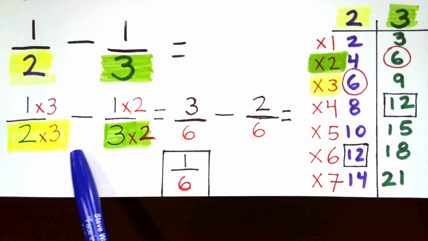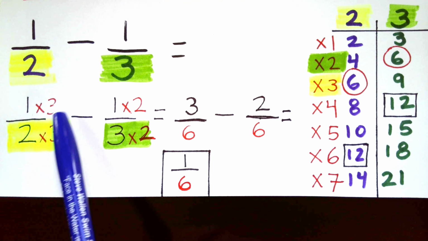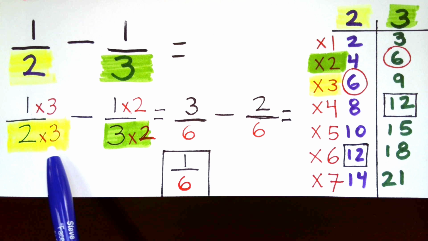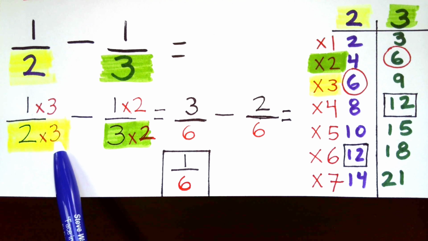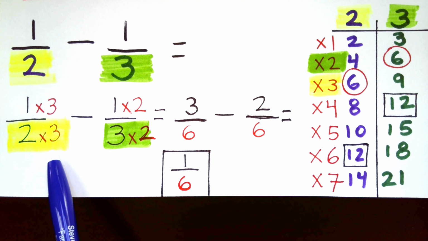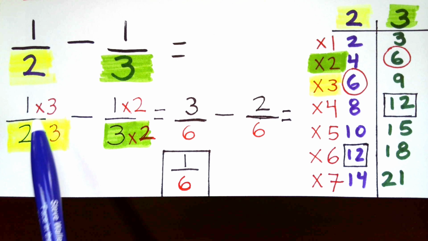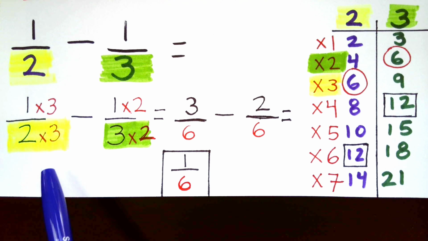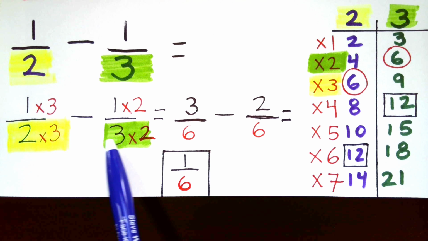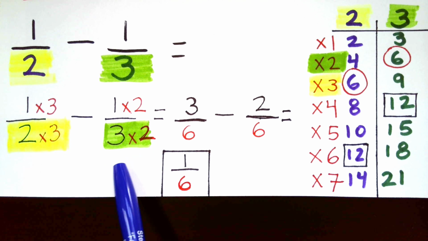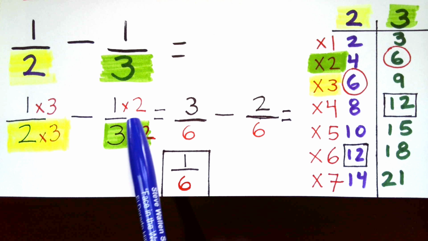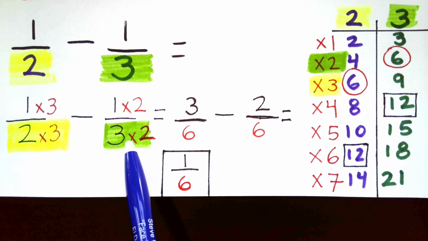What you do to the bottom part of the fraction, you gotta do to the top part of the fraction. I multiplied 2 times 3 on the bottom, or in the denominator's place. I'm gonna have to multiply 1 times 3 in the numerator's place, or the top of the fraction. I multiplied 3 times 2 in the denominator's place. So what I do to the bottom, I got to do to the top, 1 times 2.